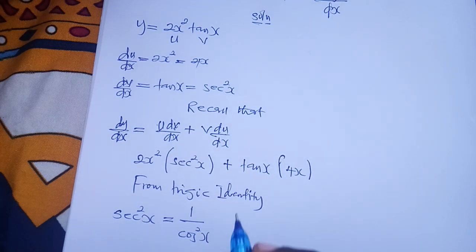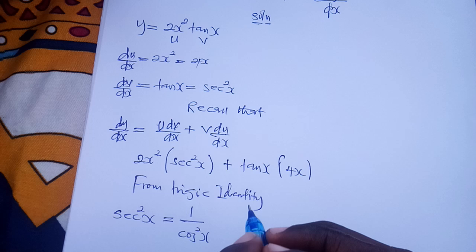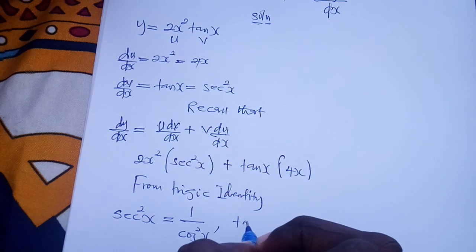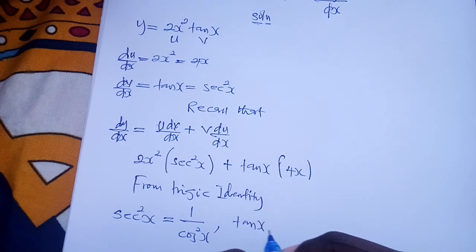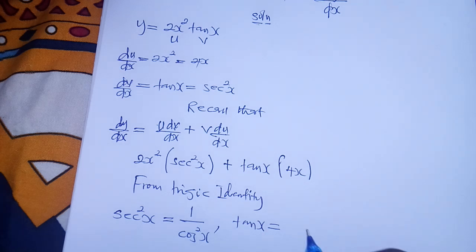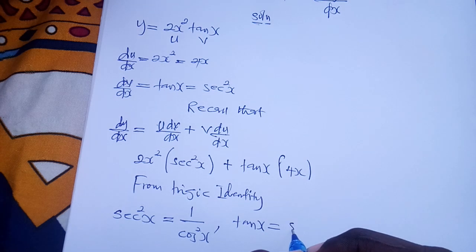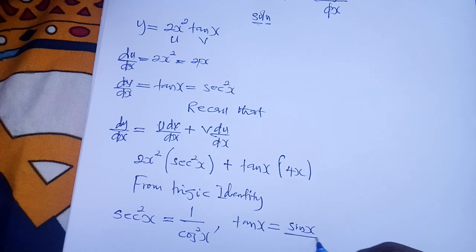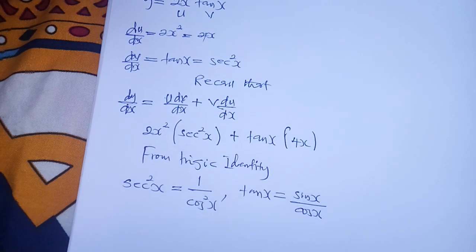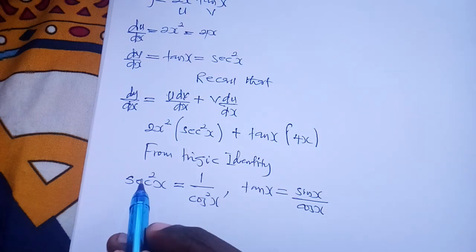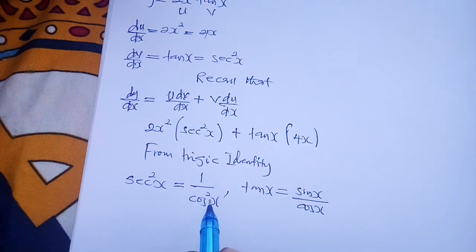Similarly, we know tan x is also equal to sin x upon cos x. So these are the basic things in trigonometric identity. Sec square x is equal to 1 upon cos square x, and tan x is equal to sin upon cos x.